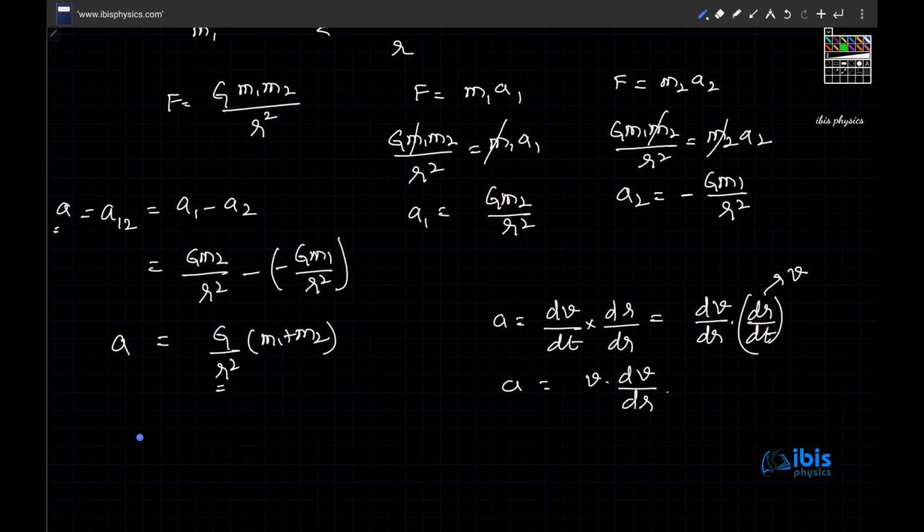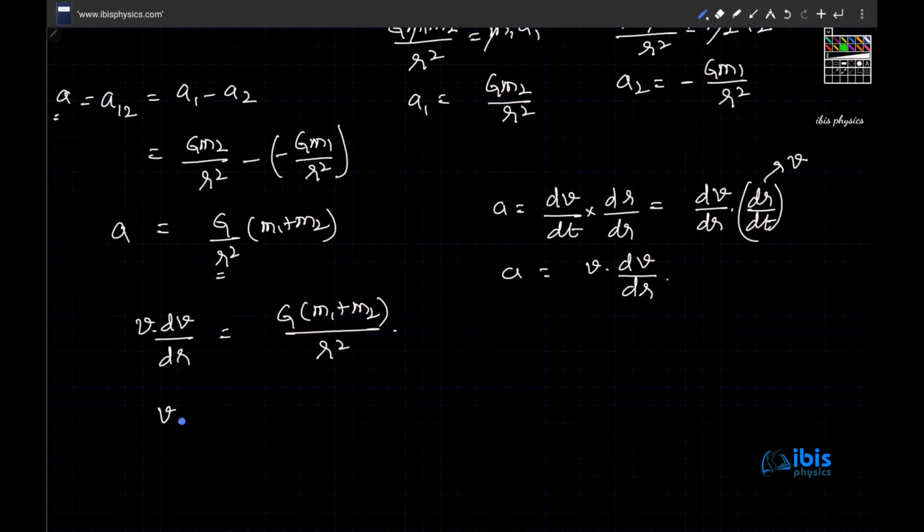So a can be written as v dv by dr equal to G into m1 plus m2 by r square. So here v dv equals G into m1 plus m2 by r square into dr.